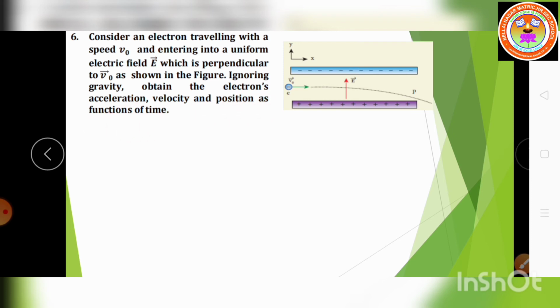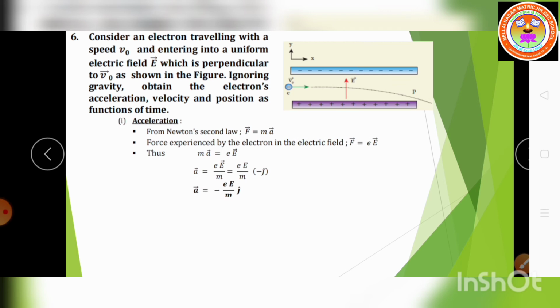When the electron enters here, it is accelerated downward, because the electron is attracted towards the positive plate. From Newton's second law, F vector is equal to m a vector.